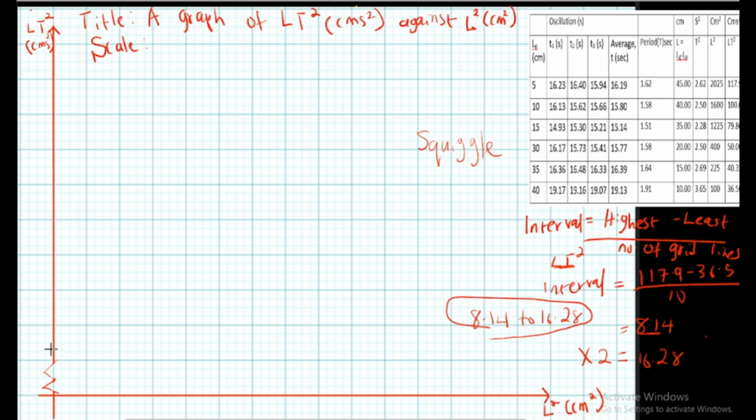All right, so this is what we have. Let's start with the first value. I said I'm going to start with 30 in this case. So I start with 30.